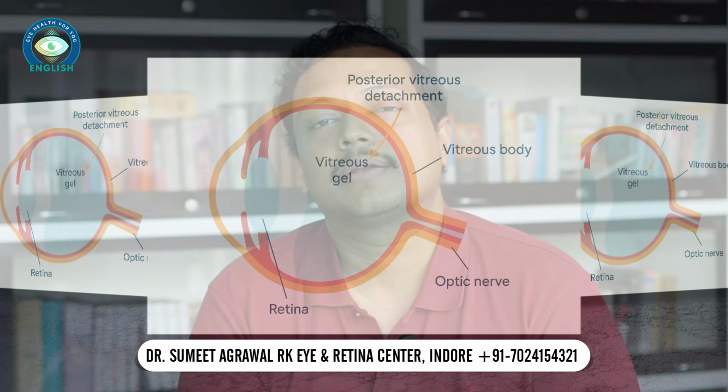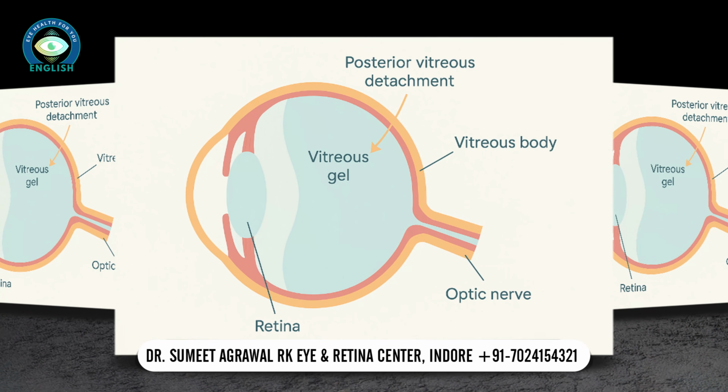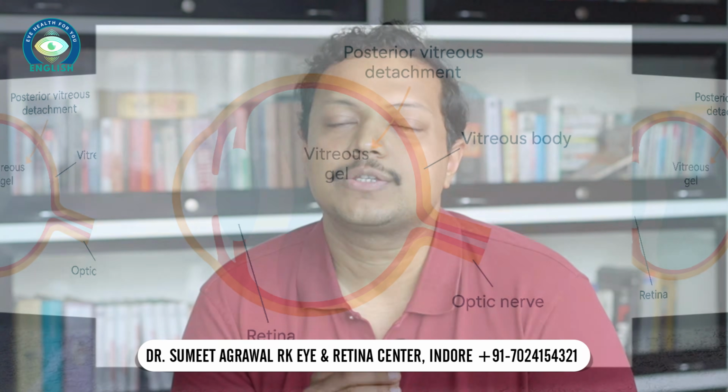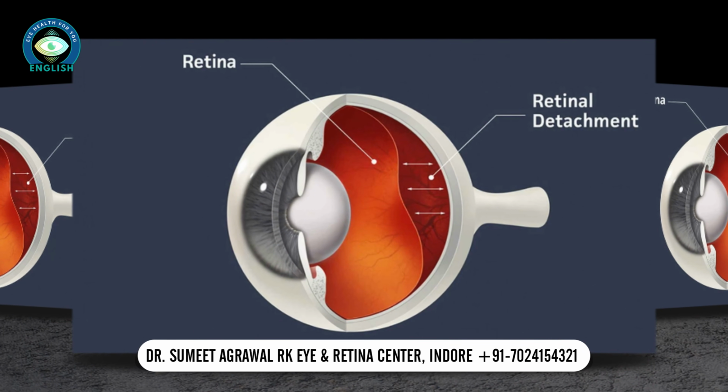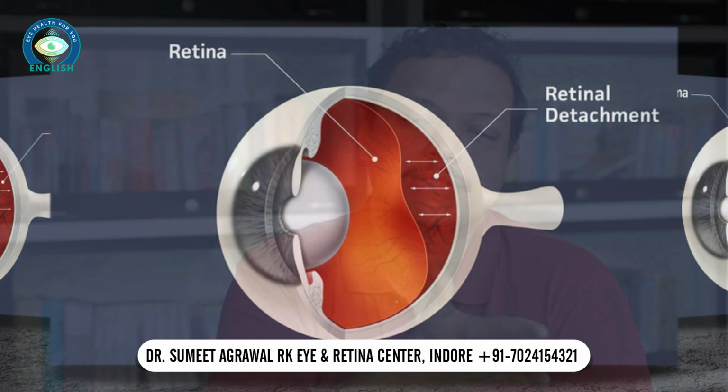This entire jelly is more than 98% water, and this water can get behind the retina. When it gets behind the retina, it starts to separate the retina like a cleavage. It separates the retina in that plane, and when this fluid accumulates, we have a retinal detachment.